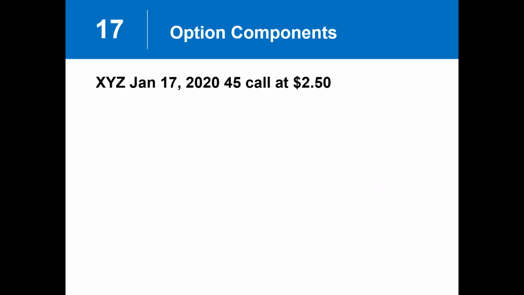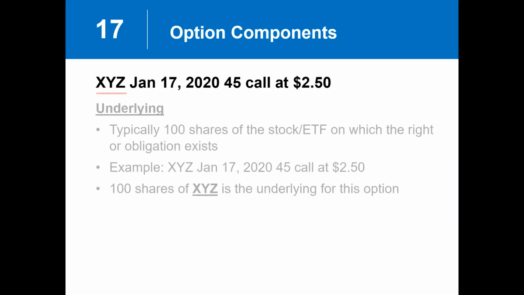So let's take a look at an example with the different components. We'll use XYZ at OIC. Actually, XYZ is always our favorite underlying. We've got the Jan 17. It's actually the call in the year 2020. It's the 45 call. That's the strike at $2.50.